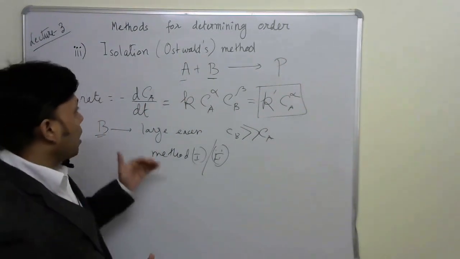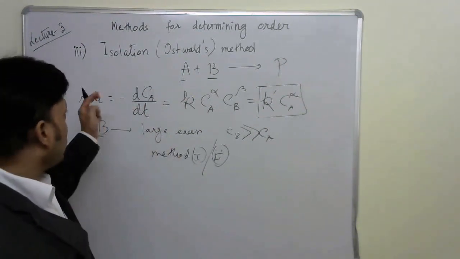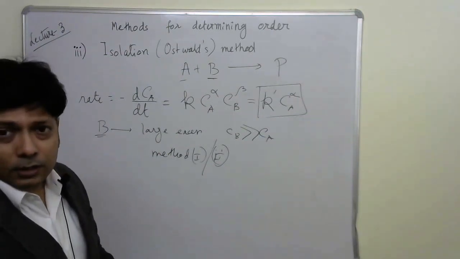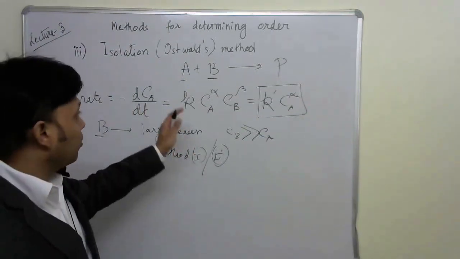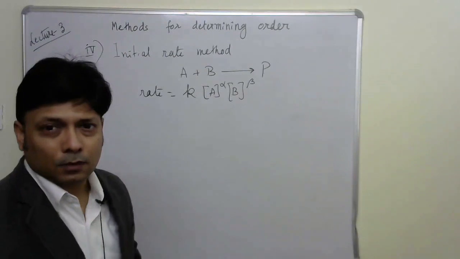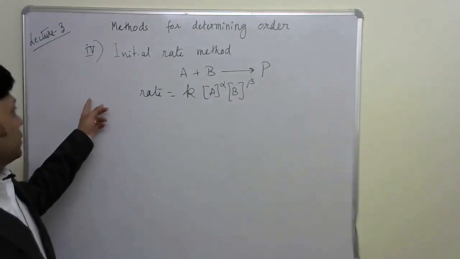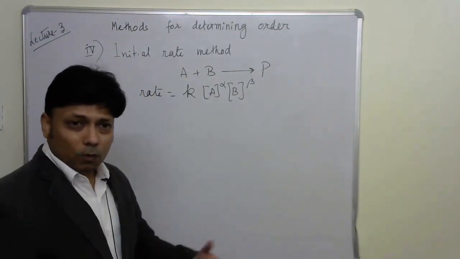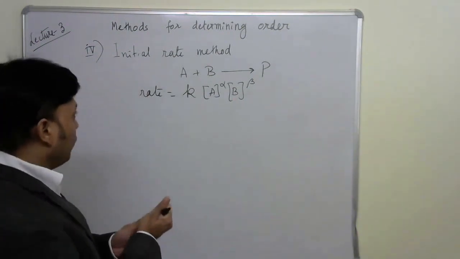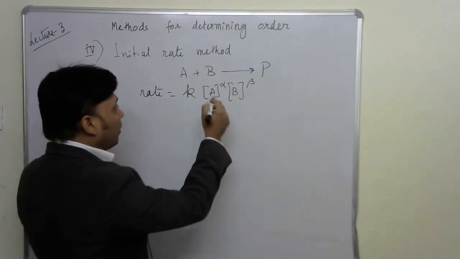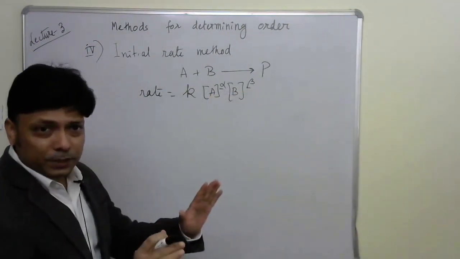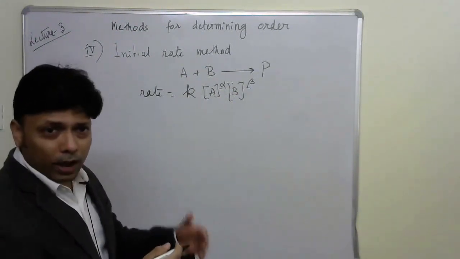Okay, so now let's move on to the 4th method. Let's clean the board and talk about it. The 4th method is known as the initial rate method. It is quite straightforward. Like before, we have an unknown reaction where alpha and beta are not known, and we have to determine them.